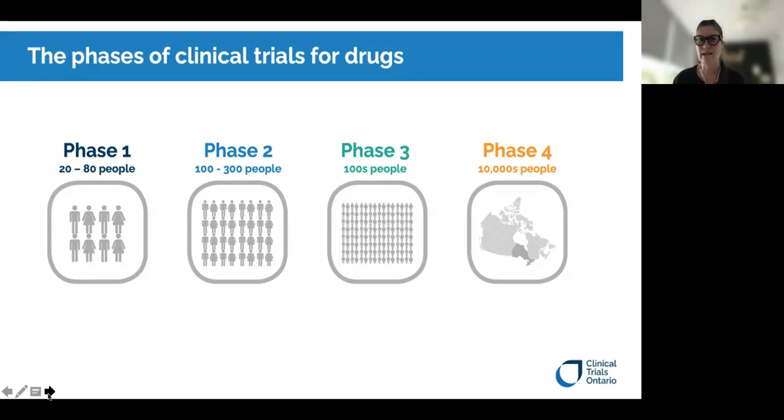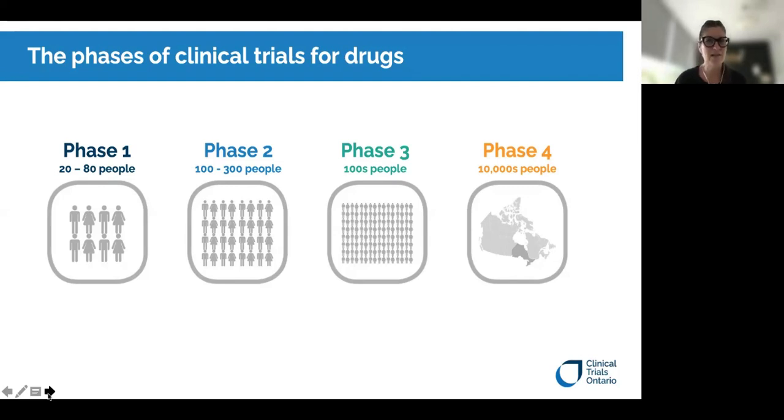And again, that might depend on the condition that's being studied, if it's a rare disease, if there's not many participants, all those kinds of things. So even though something starts in phase 1, based on what happens in phase 1 for a variety of reasons, it may or may not go on to subsequent phases.